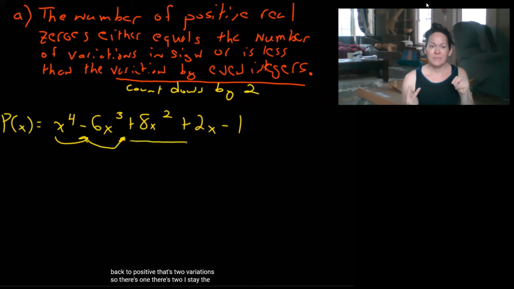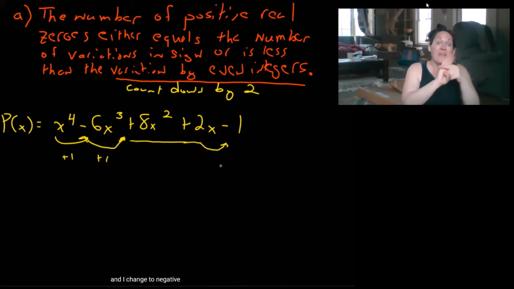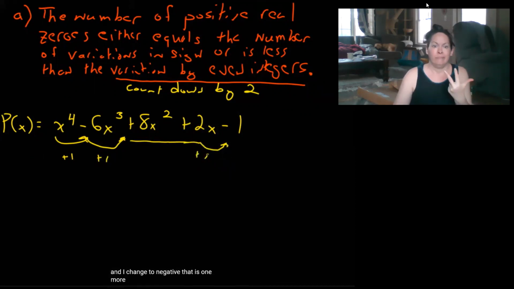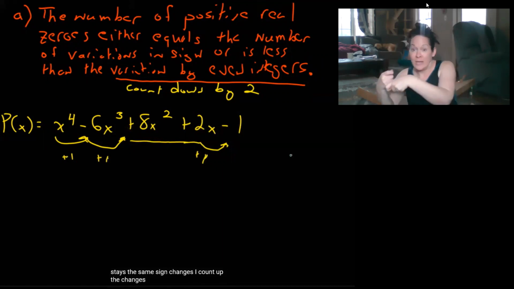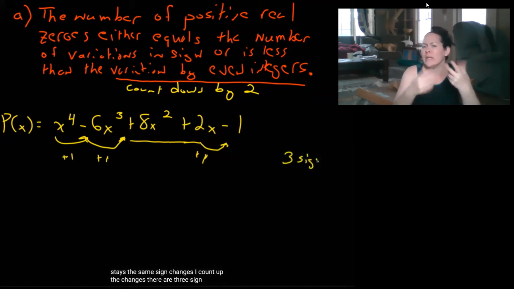I stay the same, and I change to negative. So there's 1 more. So sign changes, sign changes, sign stays the same, sign changes. I count up the changes. There are 3 sign changes.